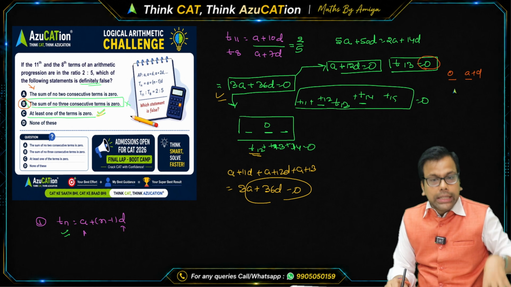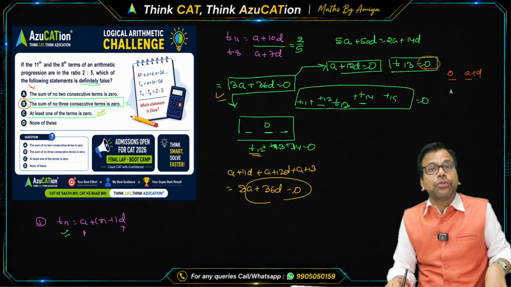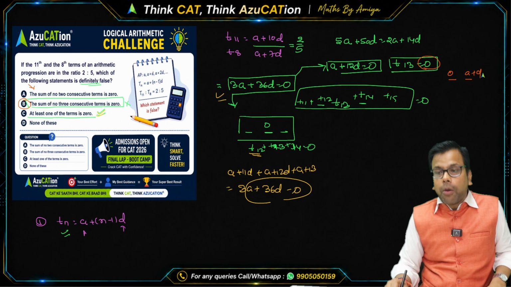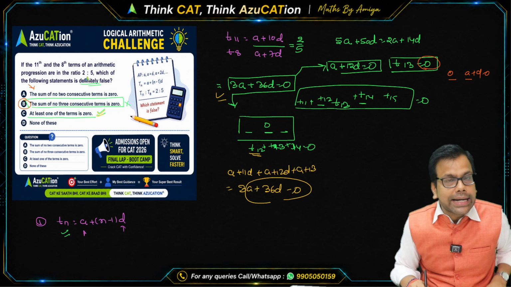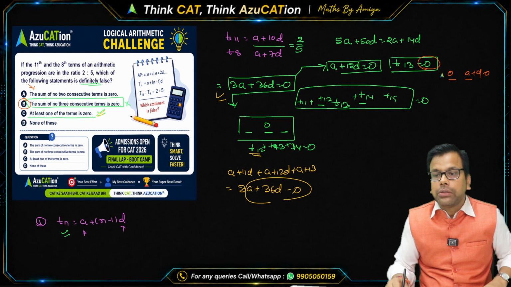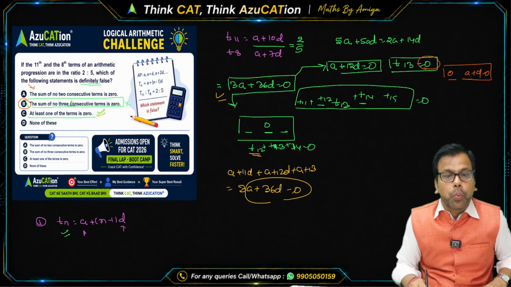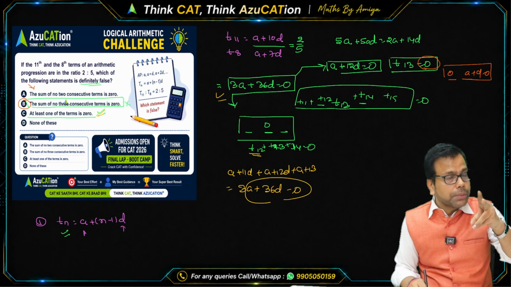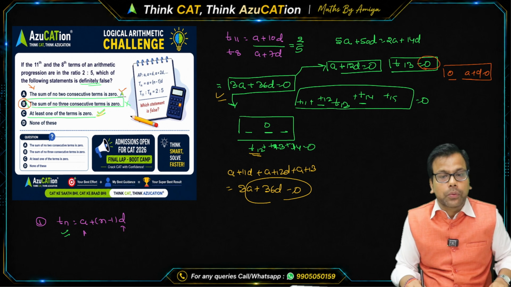This is 0 if and only if the common difference is 0. If the common difference is 0, all the terms would be the same, but here T11 and T8 are different. So this is not possible. So the statement that the sum of no 2 conjugate terms is 0 is a correct one. This is possible.